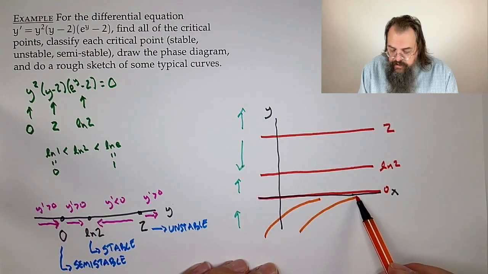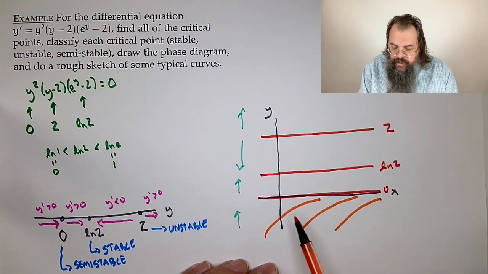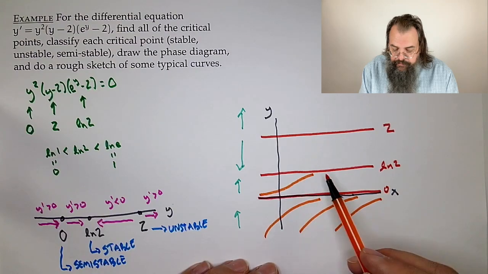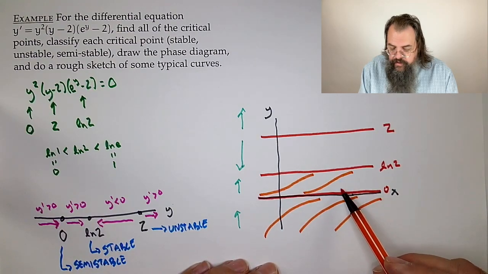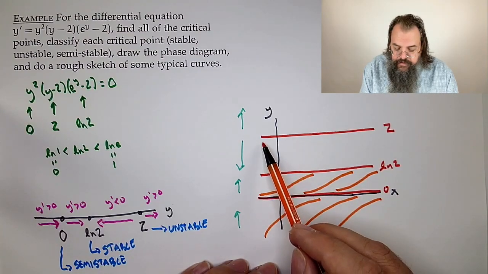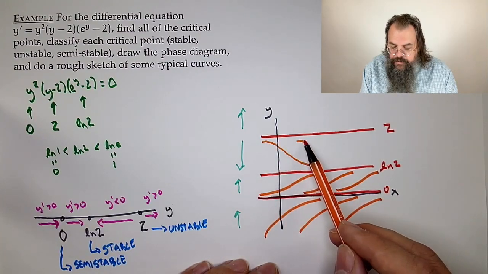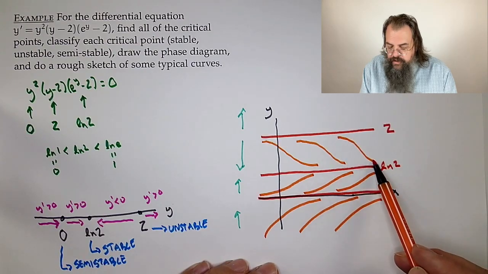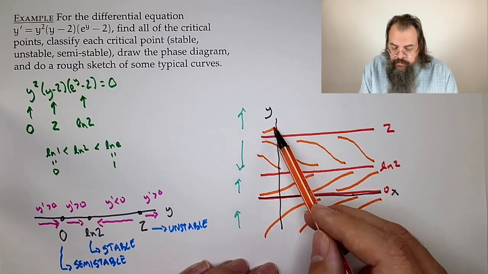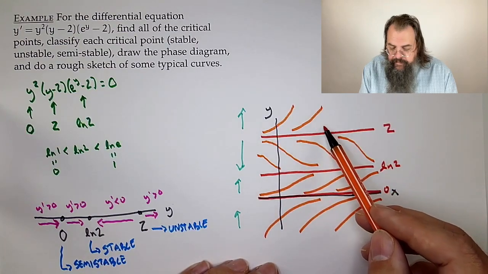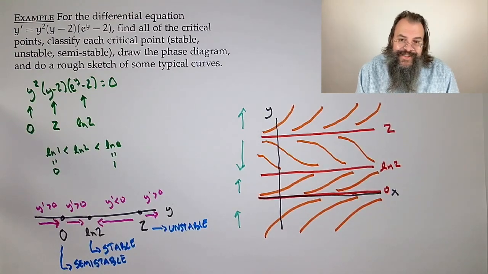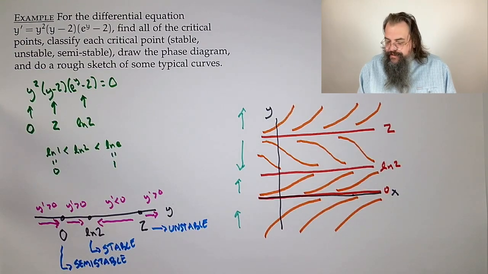If I'm between 0 and log 2, I'm going to move up. If I'm between 2 and log 2, I move down. And if I'm above 2, move up. And there we go. There's our sketch. That's a rough sketch.